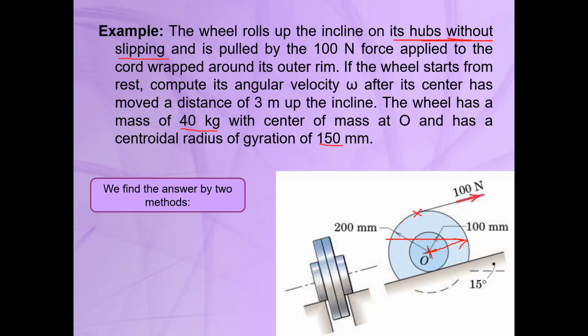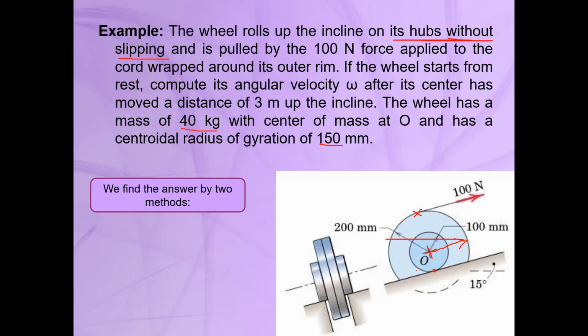So the first point we can conclude is that the acceleration of the mass center of the wheel is equal to r times alpha, where alpha is the angular acceleration of the wheel and r is the position vector of the mass center with respect to the contact point, which is here.